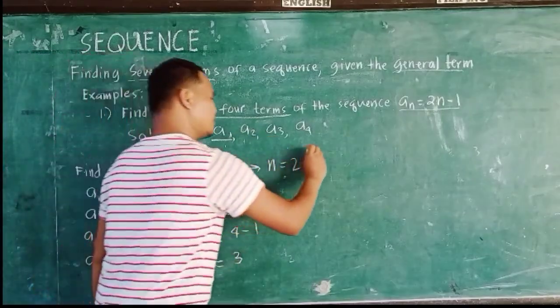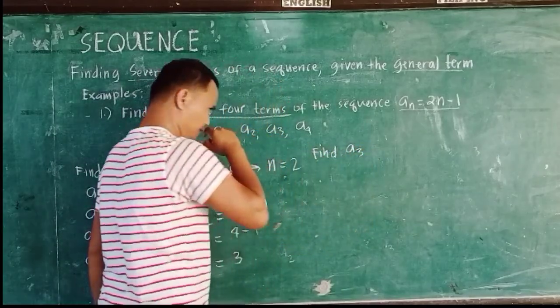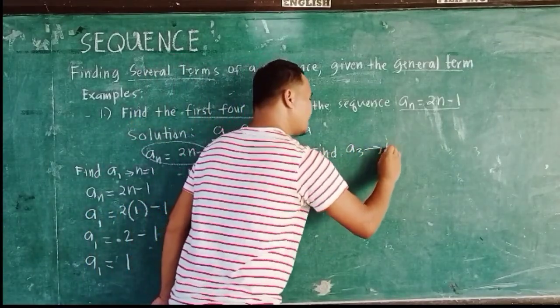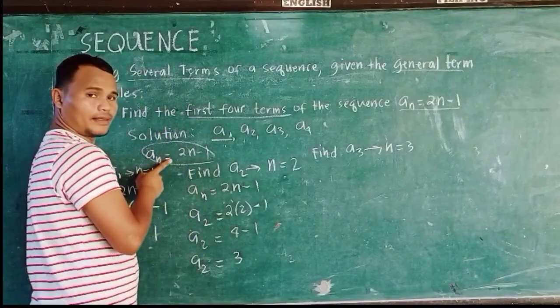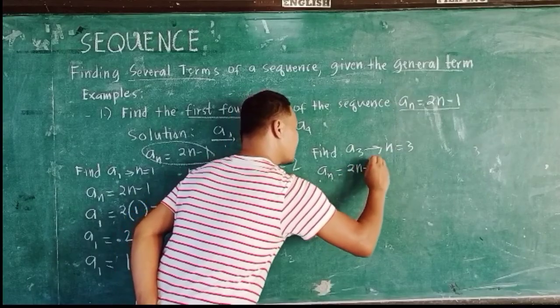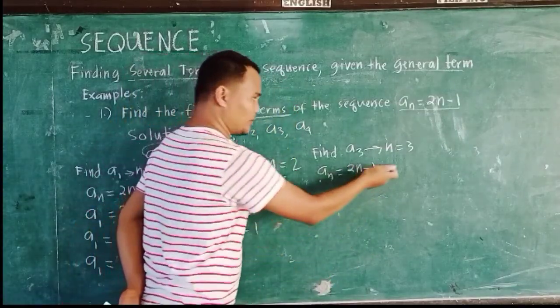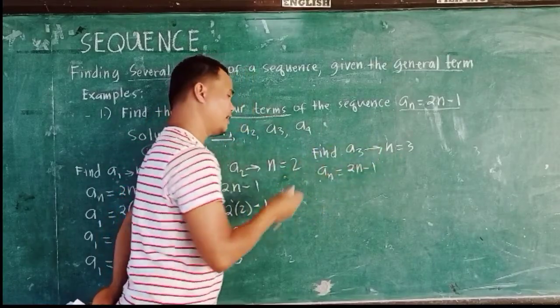Next, the third term. Find a sub 3. Again, it implies that n is equal to 3. Using the general term, a sub n equals 2n minus 1. Ato na po ilisdan ang value ni n, which is 3.